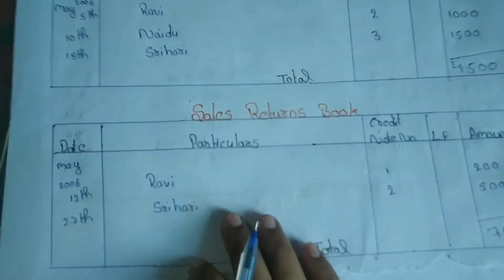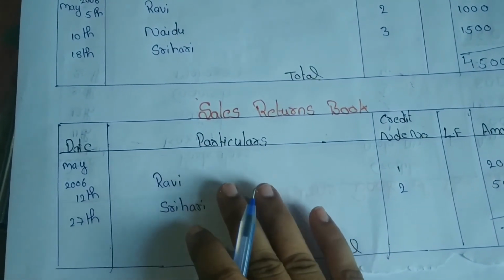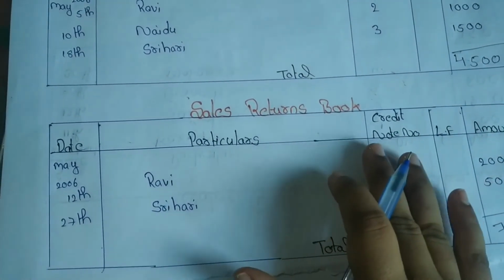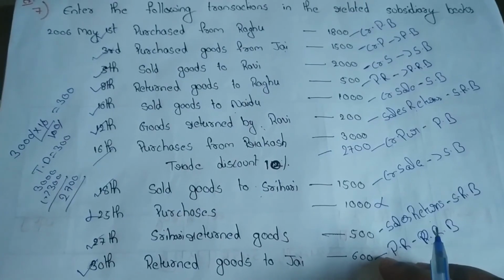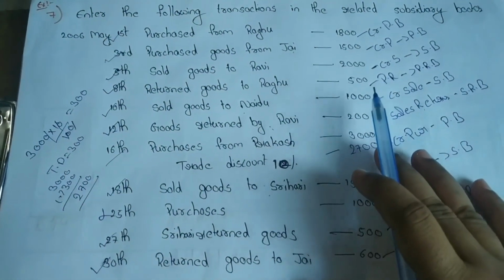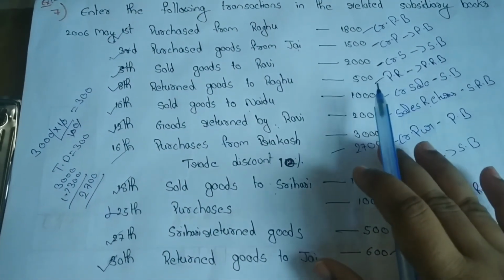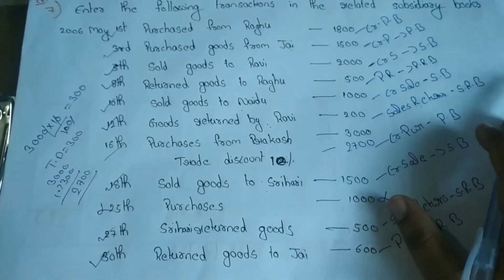Okay, by using this book, you can easily find the total of sales returns that happened in May month. Okay, that's it. So by using these transactions, you can easily prepare a purchase book, purchase returns book, sales book, and sales returns book at a time.